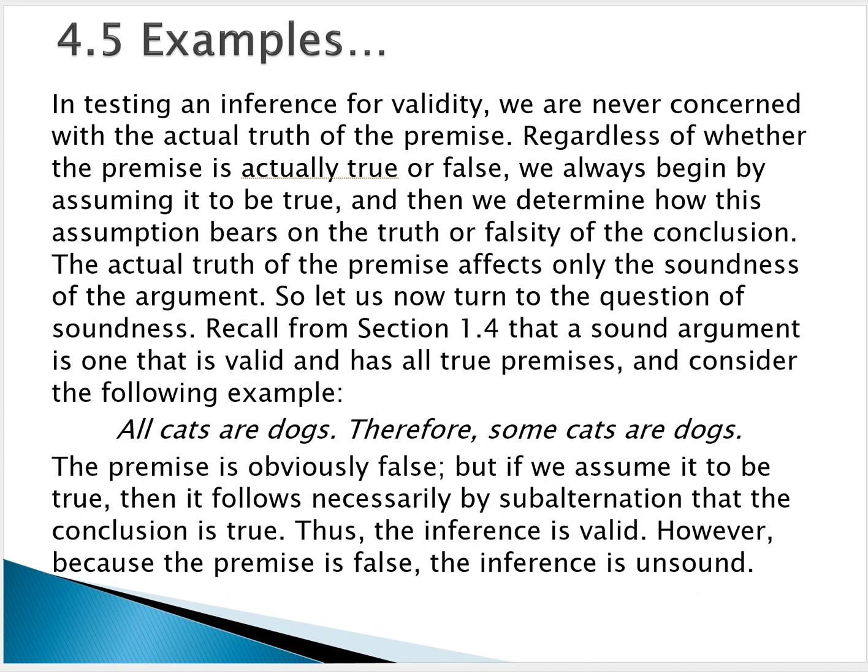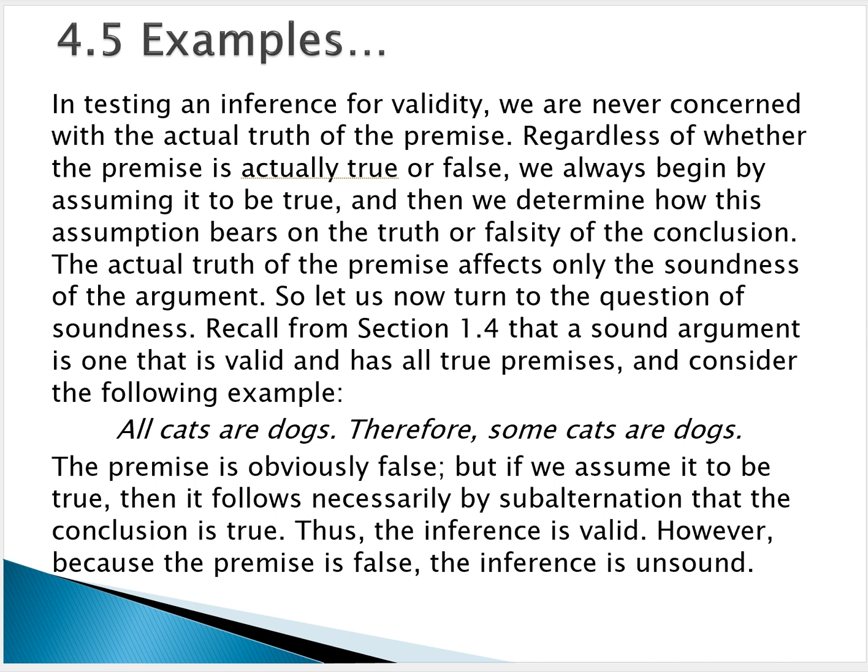So when you're testing for validity, I'm just going to go right to the example that I have because I think that kind of sums it up. All cats are dogs. Therefore, some cats are dogs. Okay, the premise is obviously false here, right? All cats are not dogs. We know this. But if you assume it's true, if you assume that all cats are dogs, then it follows by subalternation that the conclusion must be true.